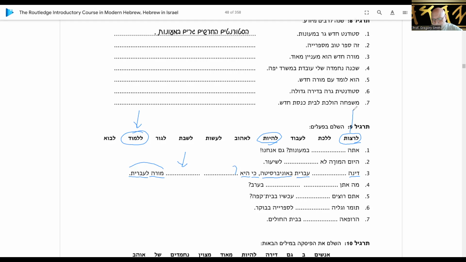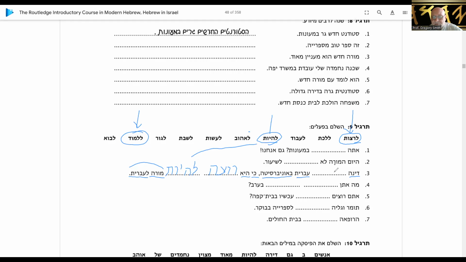It comes from this one here, lirtzot. I bet you it's rotsa lahiyot. But this one's going to stay the same, lahiyot. It's going to go down here. Okay, so rotsa lahiyot.